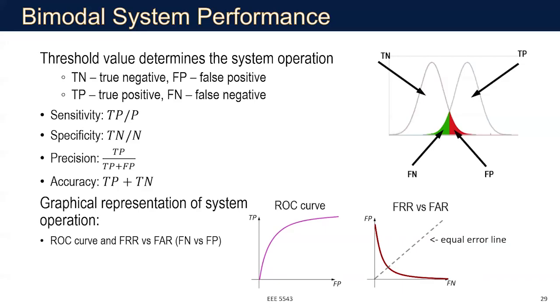There may be applications where your false reject rate and false accept rate are not equal. For example, in a highly secure system, you do not want to have any false positive. That is to say, you do not want to accept any negative value accidentally. But if you reduce that rate down to almost zero, that means you will very frequently have what is positive getting denied access, so it gets rejected.